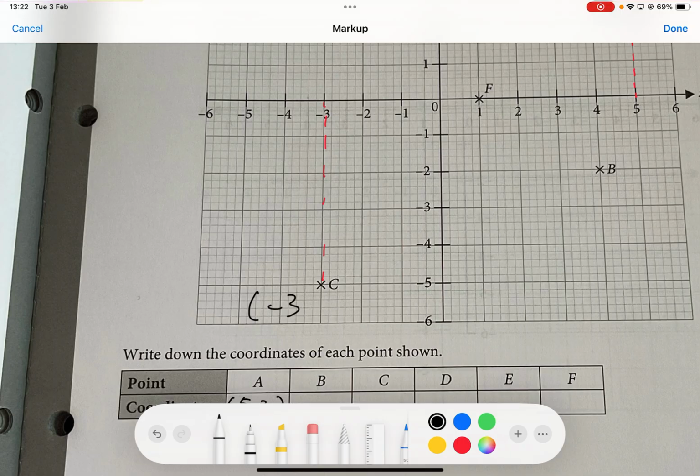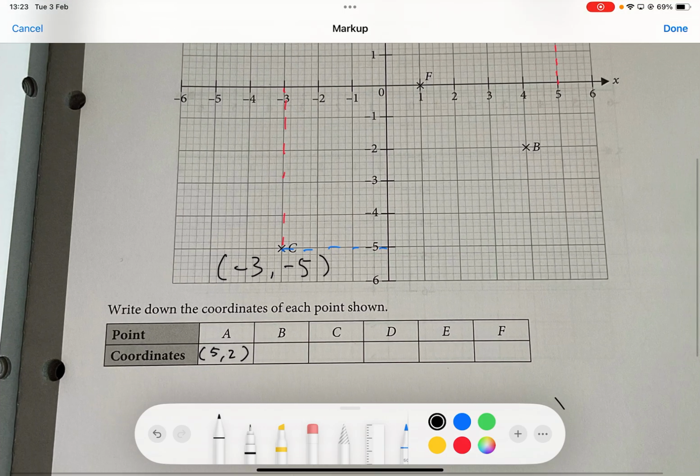The up and the down one, I need to read from the vertical number line. So vertical number line is here. I want to read this point. So I must draw a horizontal line across. Then, the up and down is -5.